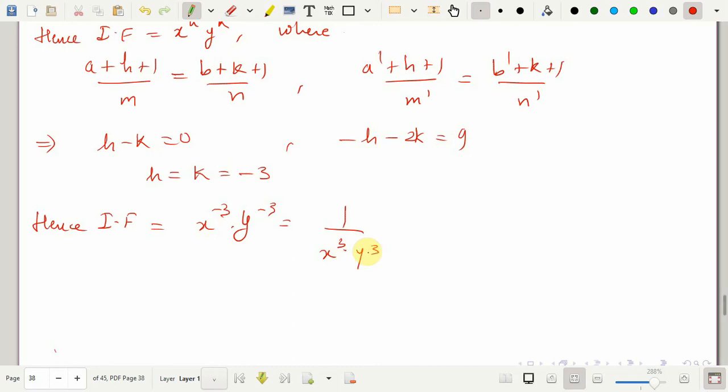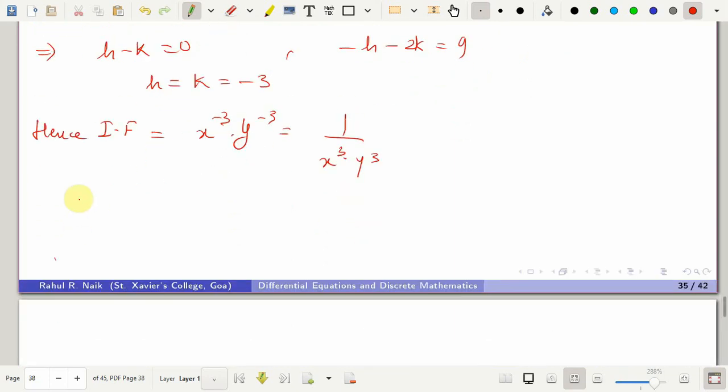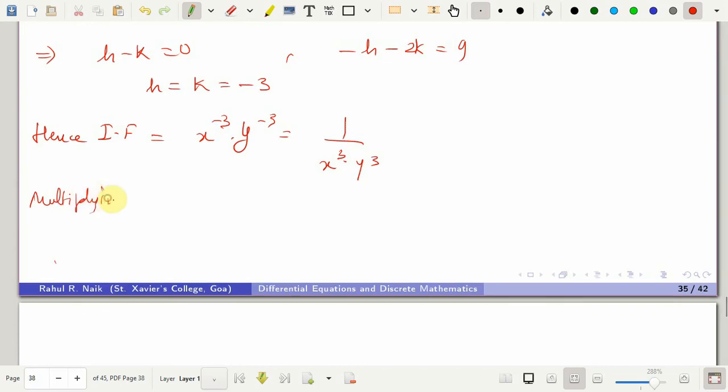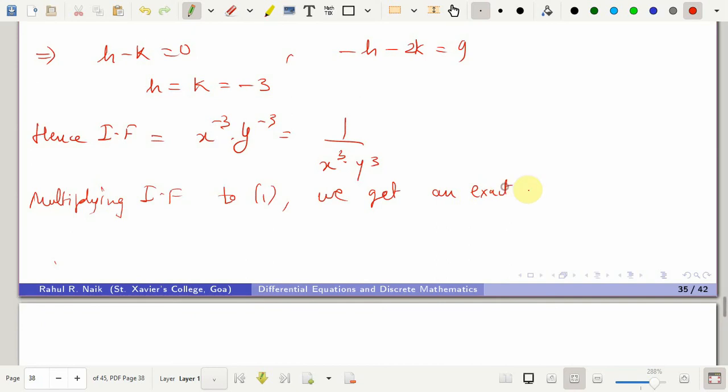Multiply this integrating factor to the given equation, we have the new m1. I'll directly write down the equation. We get an exact equation given by the first term.